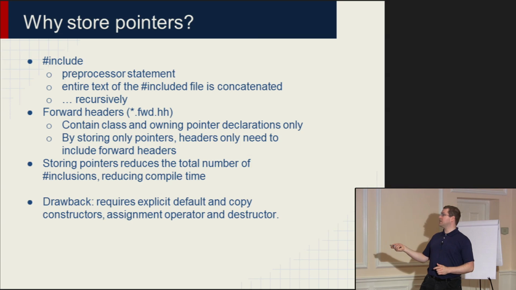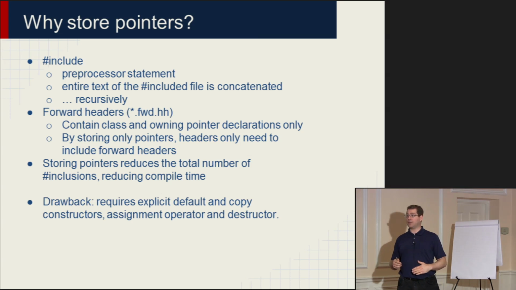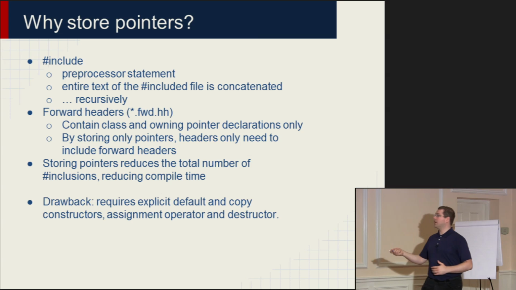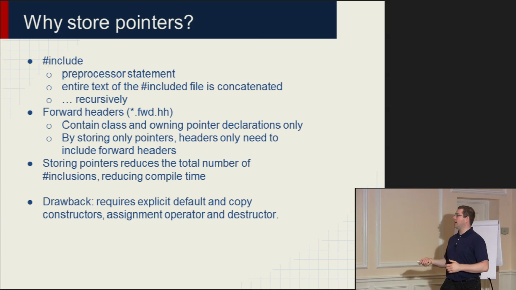And then we also contain the owning pointer declarations. For owning pointers, all we need is the forward declaration of the class and the owning pointer header file. So in forward headers, you really only have one include, and that's for the owning pointer include. And the owning pointer include is rather simple as well.